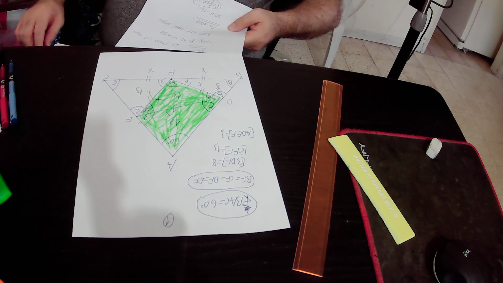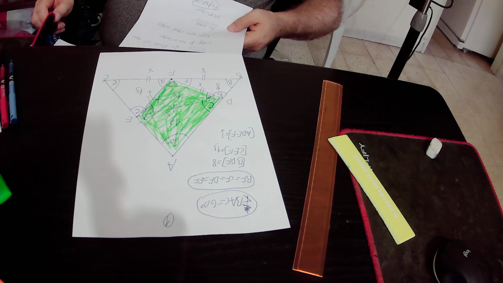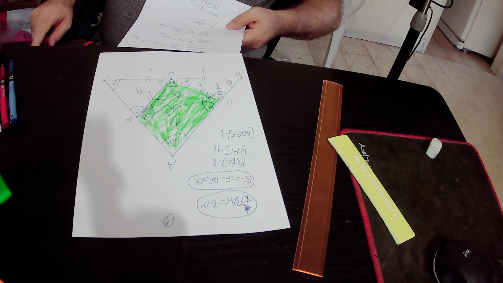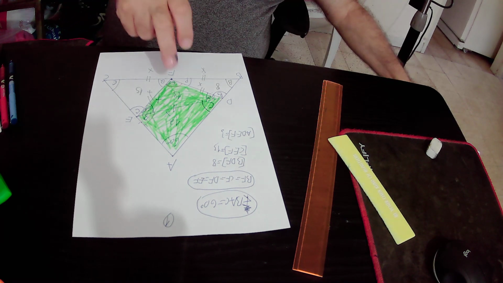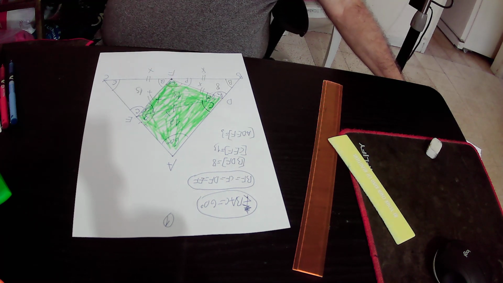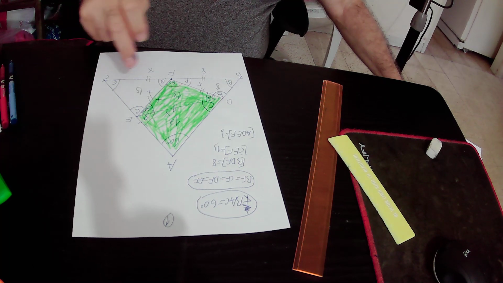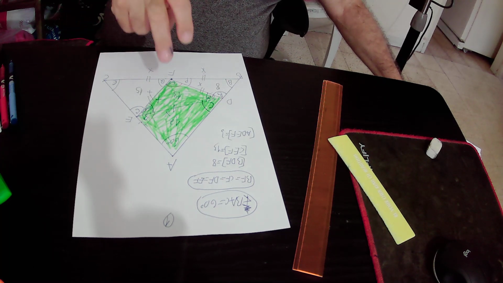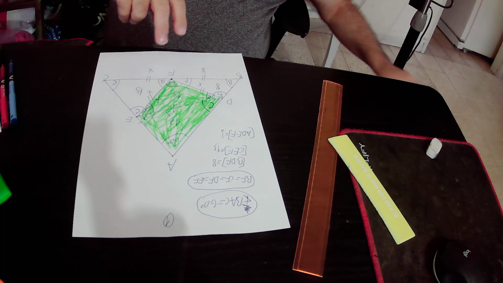We know that the sum of the angles in any triangle equals 180 degrees. Therefore, the sum of the angles in triangle ABC equals 180 degrees. We defined angle ABC as B and angle ACB as C, and we know that the sum of the angles in triangle ABC equals 180 degrees.